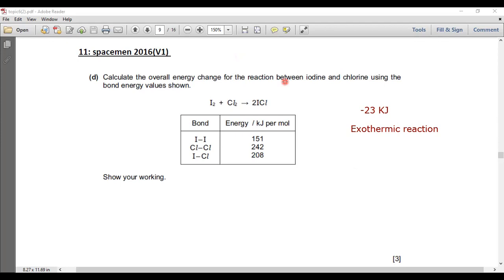No, you have to write the reactants specifically. So instead of writing the word reactants, write I2 plus Cl2.